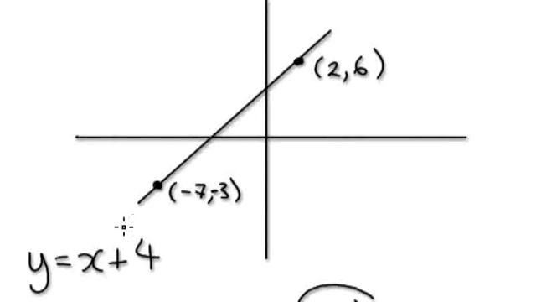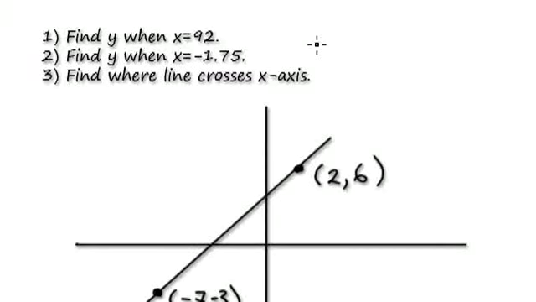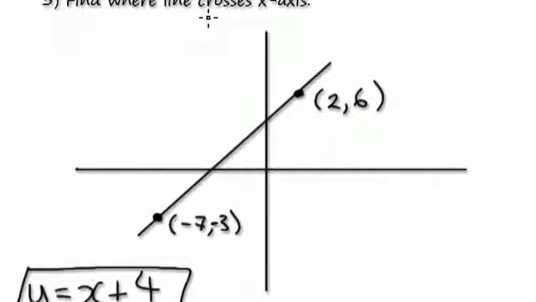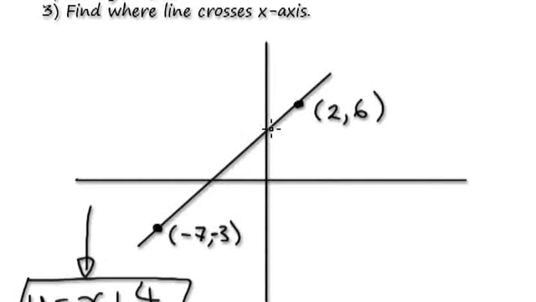Okay. So for this line here, the equation is given by this. Now, if you want to know what y is when x is 92, well, put 92 into here. Because what that means is, this line here is y equals x plus 4.